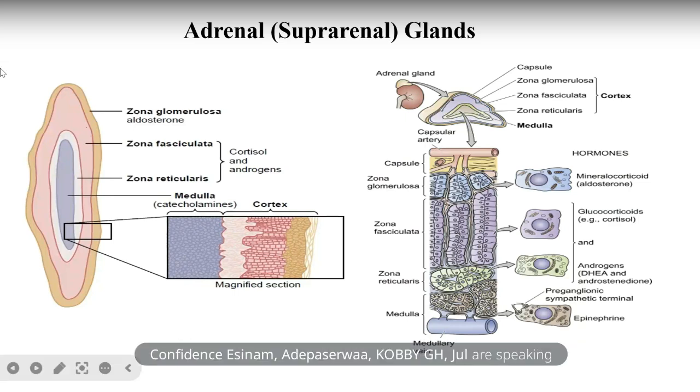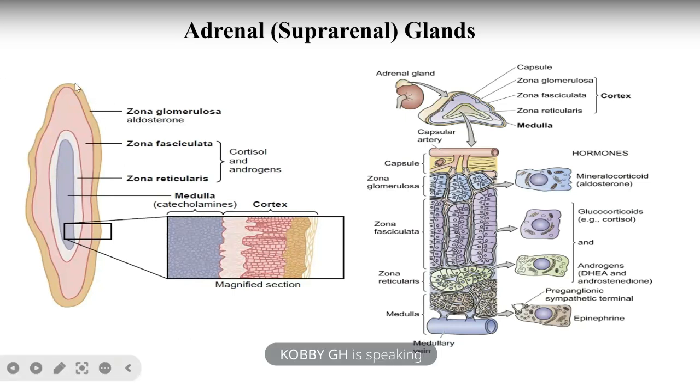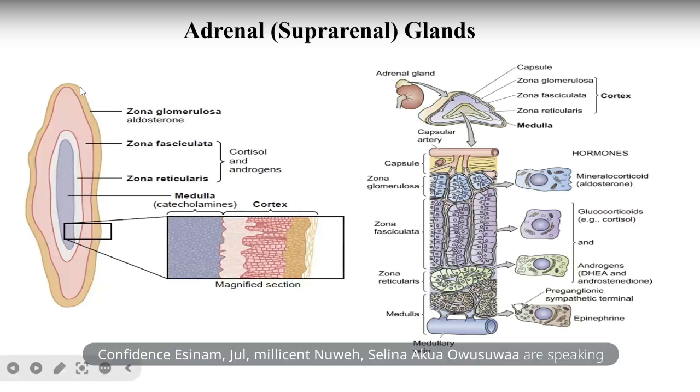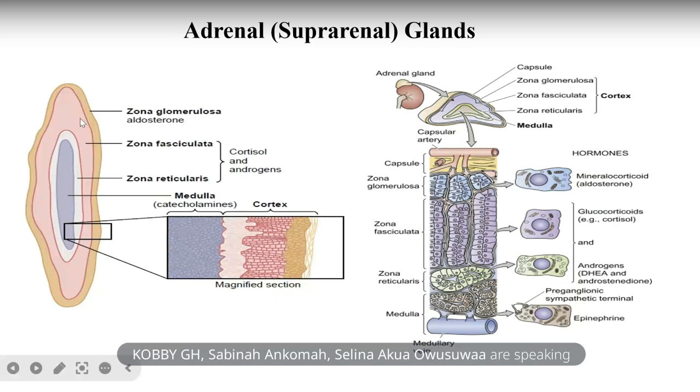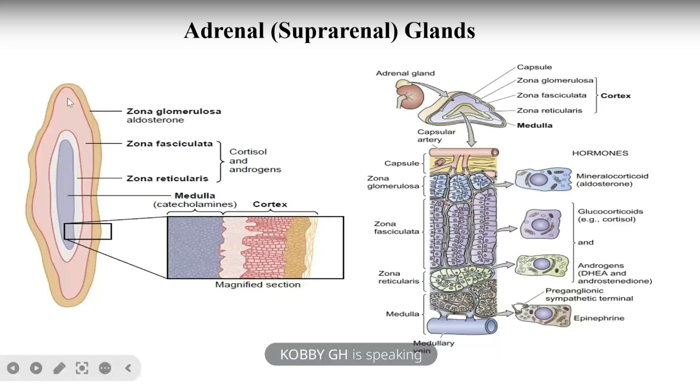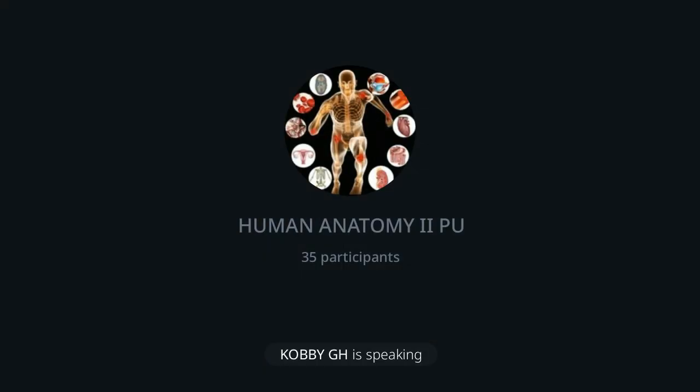What's the name given to the outermost zone? Zona glomerulosa. The middle zone? Zona fasciculata. And the zone closer to the medulla? Zona reticularis.